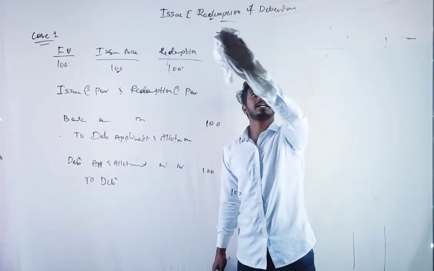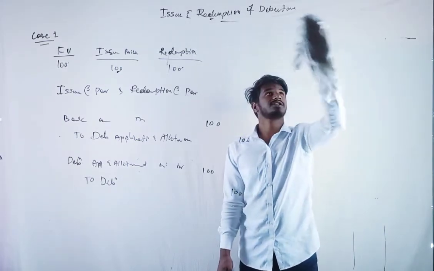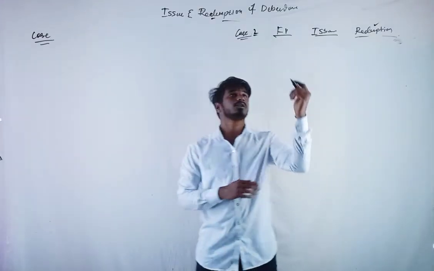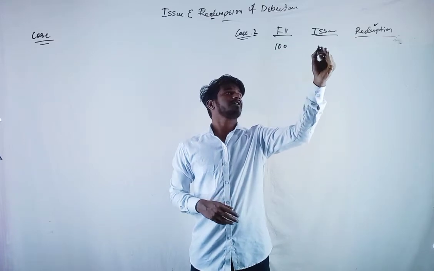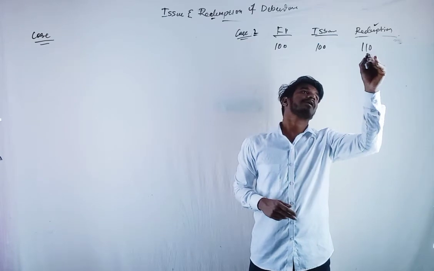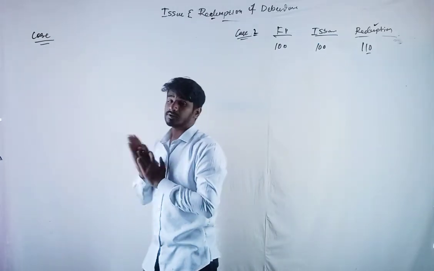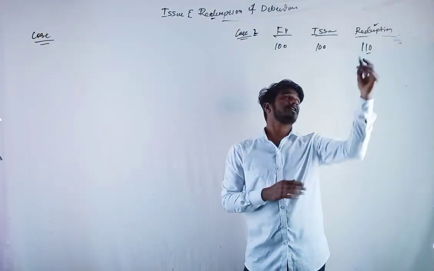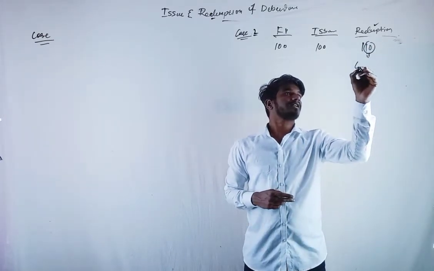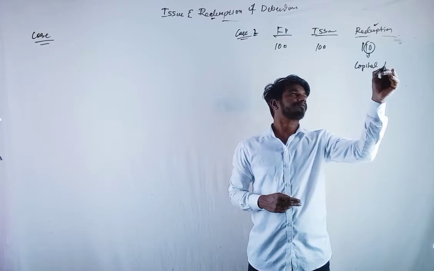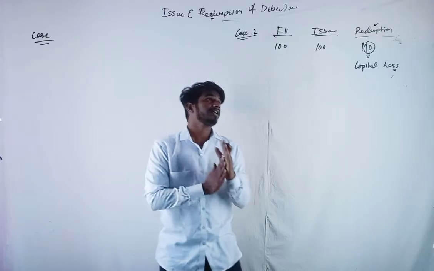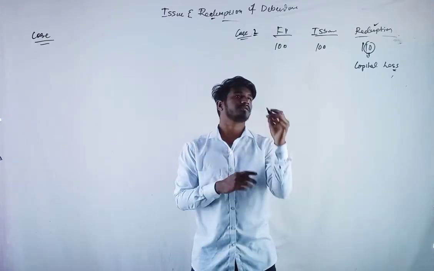Now the case one is finished. Let us move on to case number 2. Face value 100, issued at par 100 and redeemed at premium 110. So how will we treat that? The excess 10, whatever we are redeeming, is our capital loss. Right? It is capital loss. Let us do the solution.